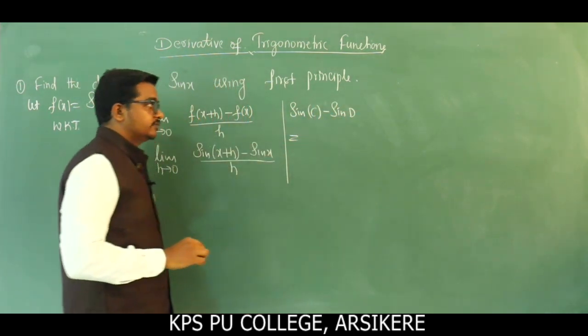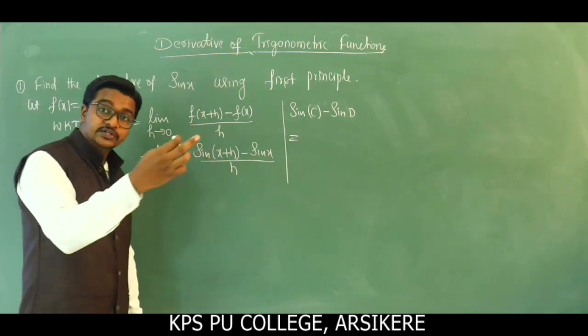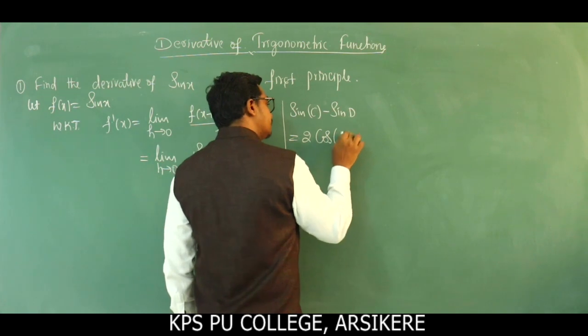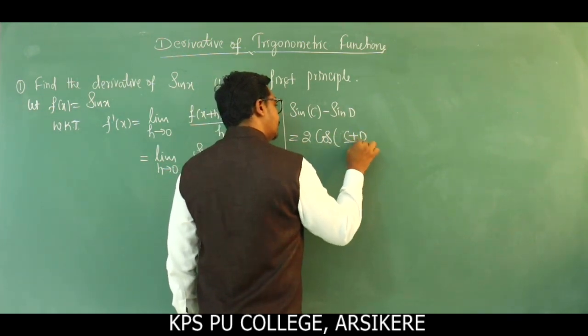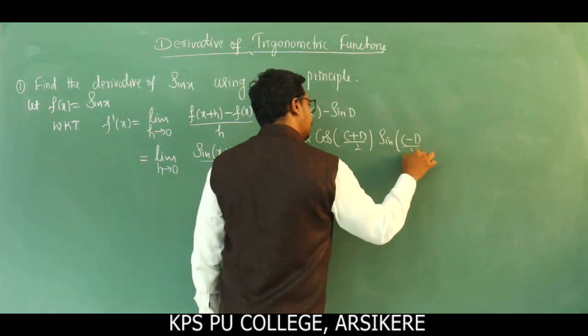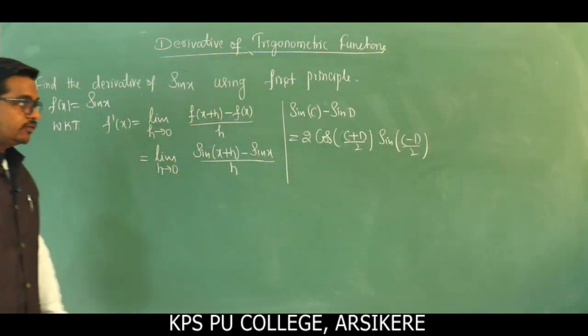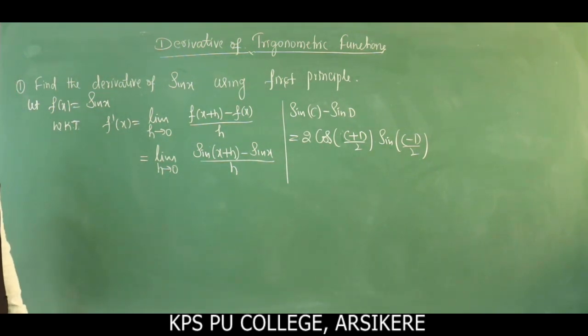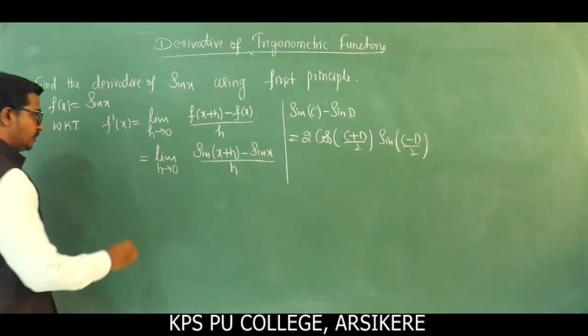This is 2 times cos of c plus d divided by 2 into sin of c minus d divided by 2. This is the formula, right? We will apply it for this one.